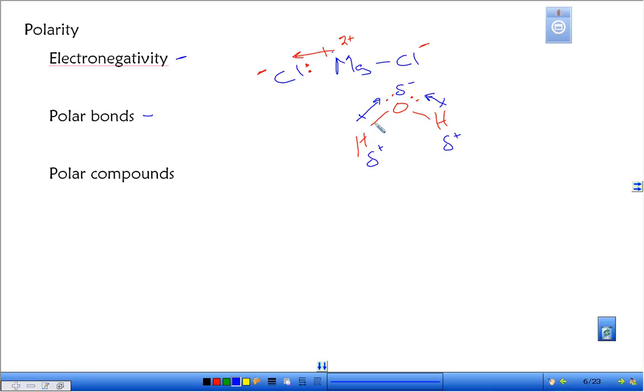If you have a molecule that's the same all the way around on all sides without electrons pushing them away, you may end up with a molecule with polar bonds, but not a polar molecule. We're going to look at that in the next couple slides, what determines whether it's a polar molecule or just polar bonds.